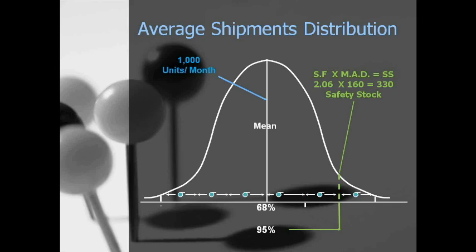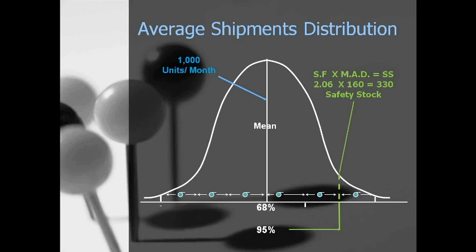We would have to carry 1,330 pieces in stock, of which 330 of them are safety stock, in order to meet management's goal of 95% on-time delivery.